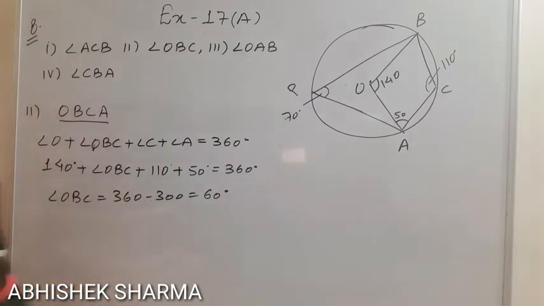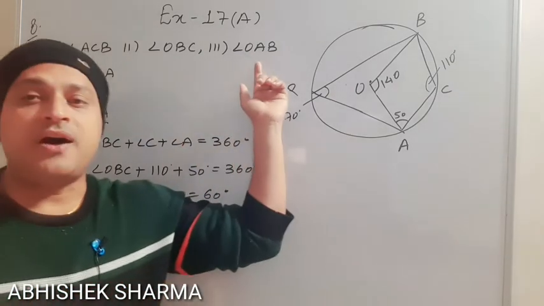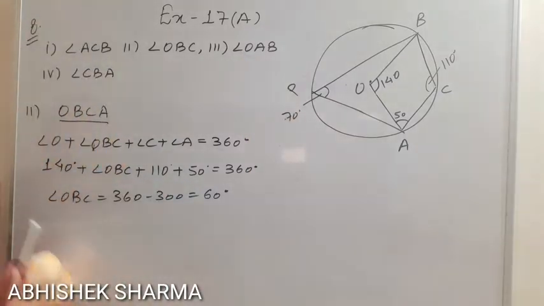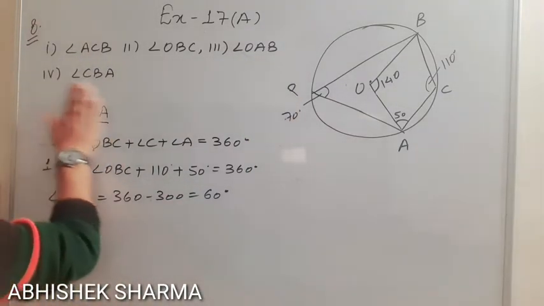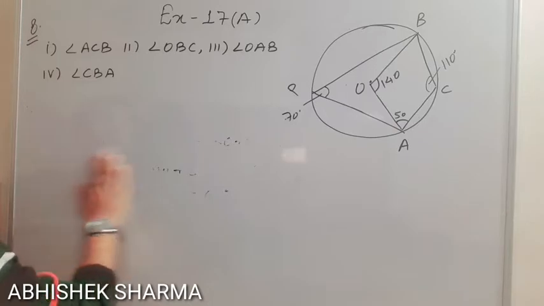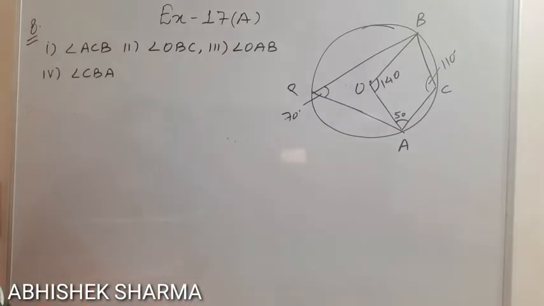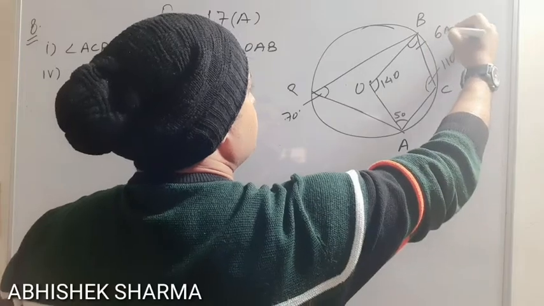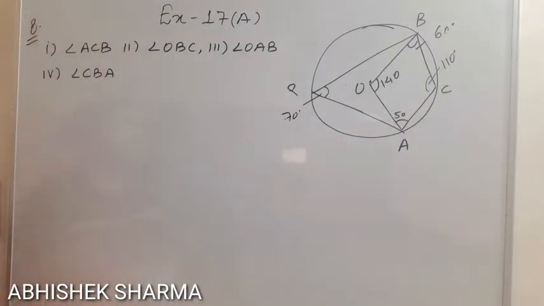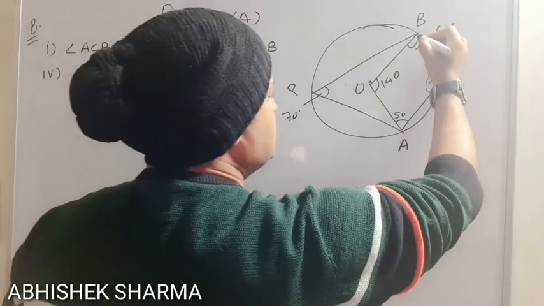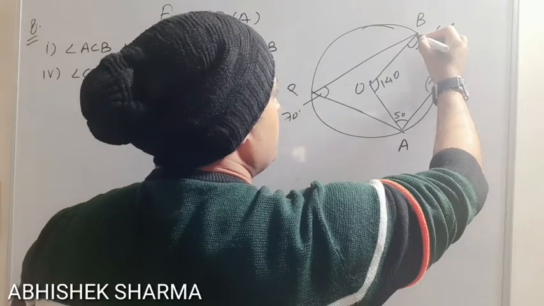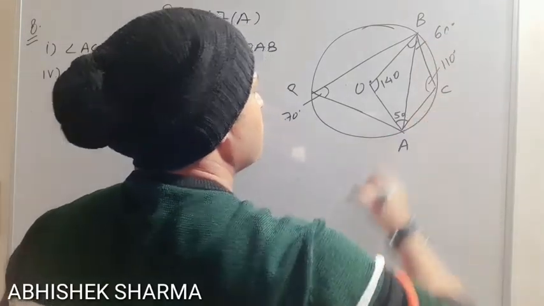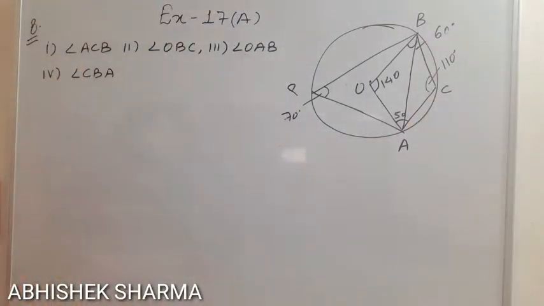Now let us start doing the third part, OAB. This part we have calculated as 60 degrees. Now you want to calculate OAB. For that you need to make a construction. This is the construction that I have made here.